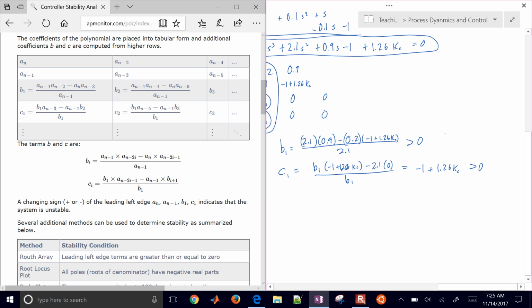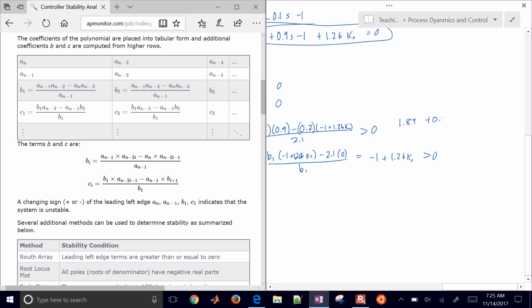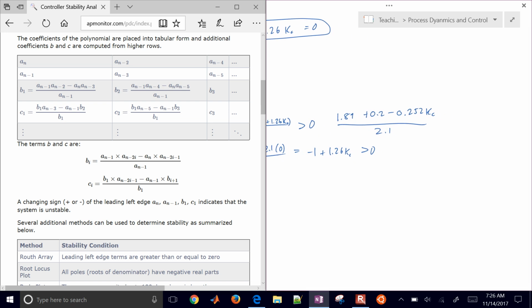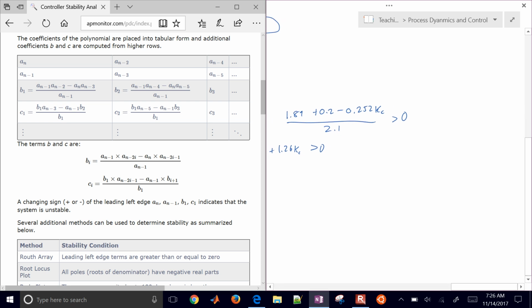So if I just multiply this out, I get 1.89 plus 0.2 minus 0.252 times kc, and I'll divide that by 2.1, and that has to be greater than 0. If I then just do the math on this, don't forget if you divide by a negative value, that's going to switch directions on the inequality.